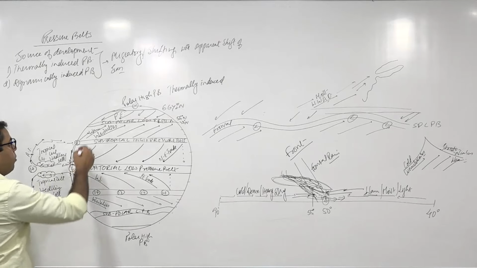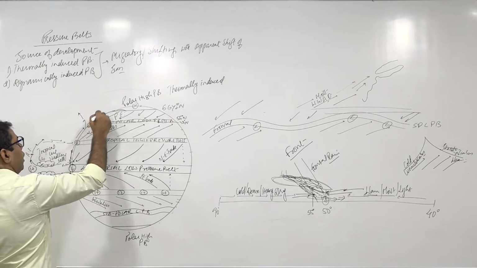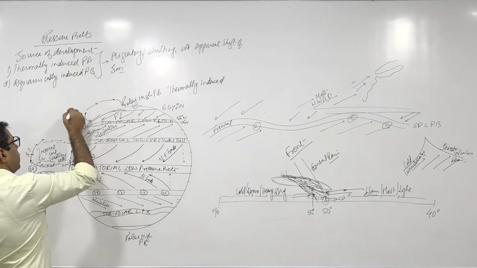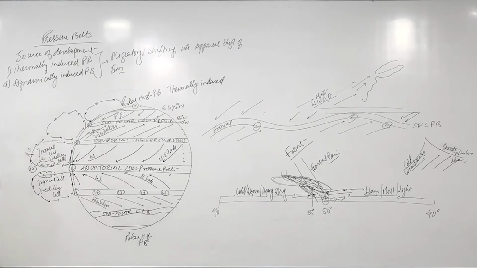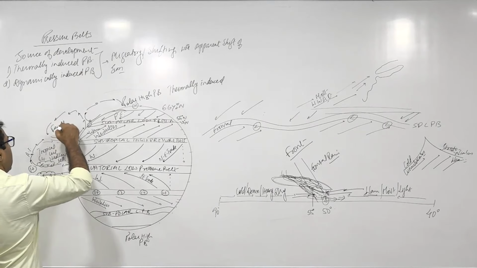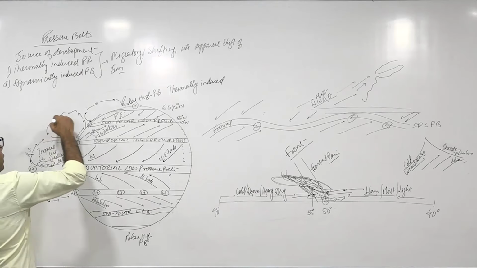So same here, there is a low pressure area, they are rising and then subsiding at the poles. This is rising again and subsiding on the subtropical high pressure center. This is called Ferrel cell. So this cell is developing in the temperate zone, so we call it a temperate cell also.